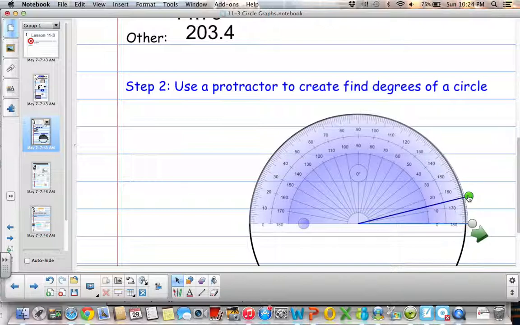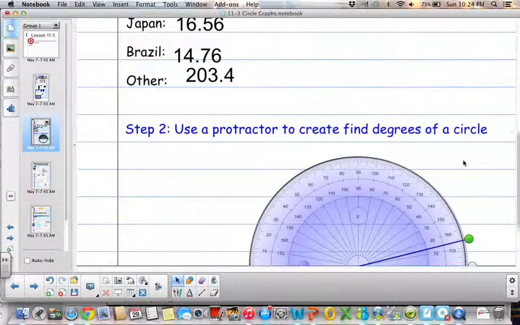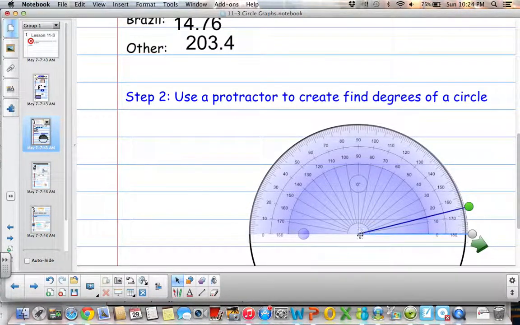And I would use my protractor, and I would make a new section that is 16.56 degrees. So from this line, I would go up 16 degrees. So we would have, there's 10, so we'd be actually about right to 150. What is going on?